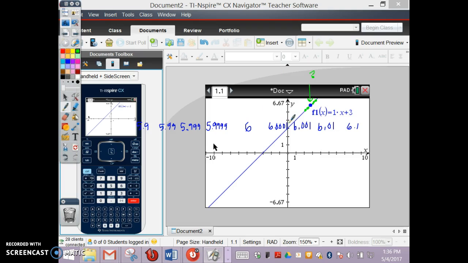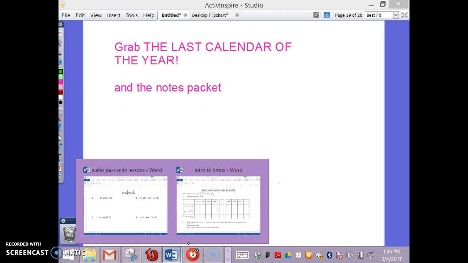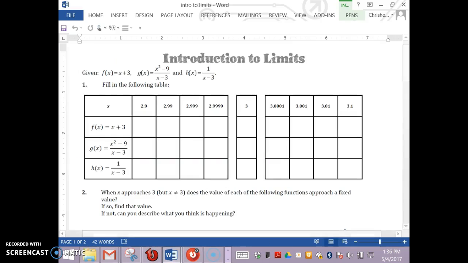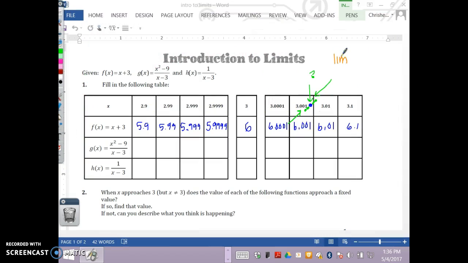So we look at it from the negative side, from the left, and we look at it from the positive side, from the right, and we notice that they're both going to the same place, to 6. And that's our limit. The way that it's written is the limit of f of x as x approaches 3 is 6.